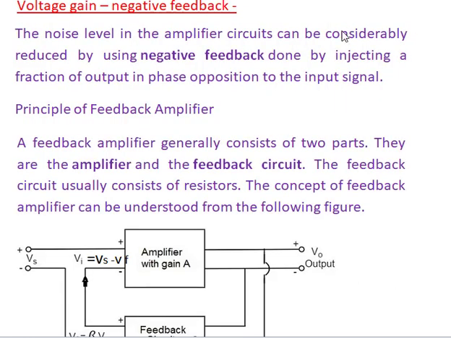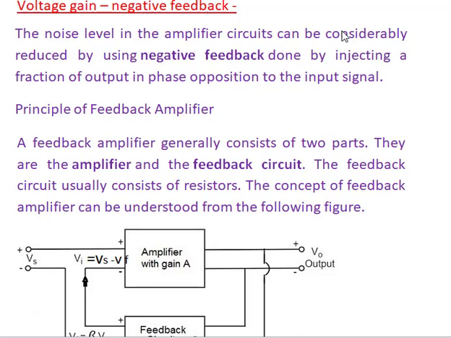Next we discuss the voltage gain of the amplifier and the negative feedback given in this amplifier. Generally our aim is to remove the noise. The noise level in amplifier circuits is reduced or eliminated by giving feedback, by using negative feedback or positive feedback.